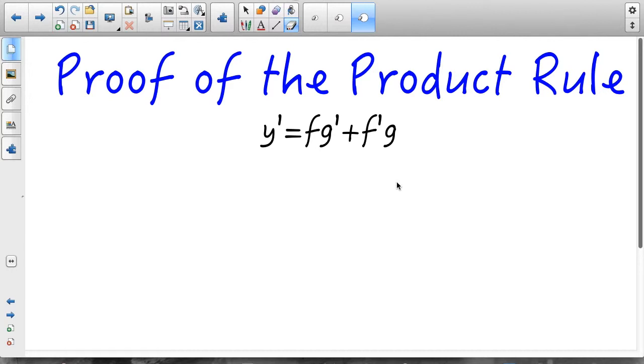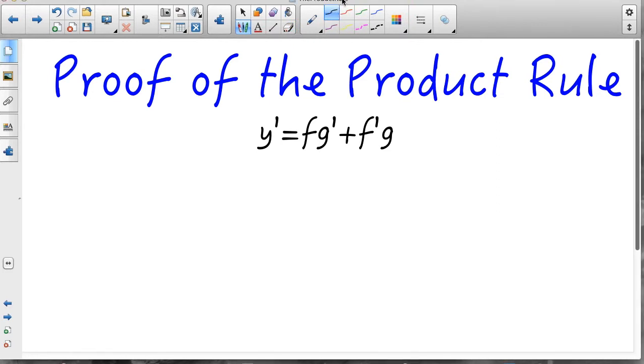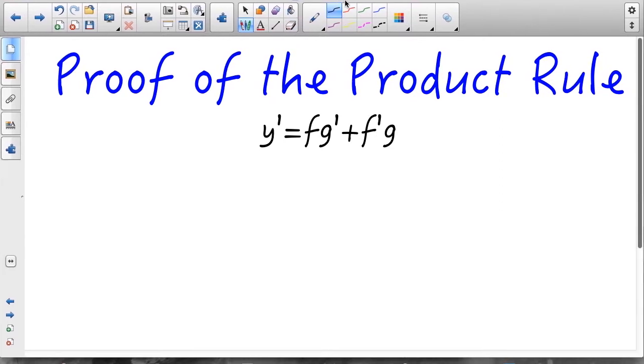So I know people are out there saying, just get on with the proof. Alright, so here we go. Just like the majority of the proofs that you'll do in math and calculus, they all go through the definition of derivative. So I'm just going to write out the definition of derivative. First of all, I'm going to write over here what my function is. The function that we're trying to find the derivative of is f of x times g of x.